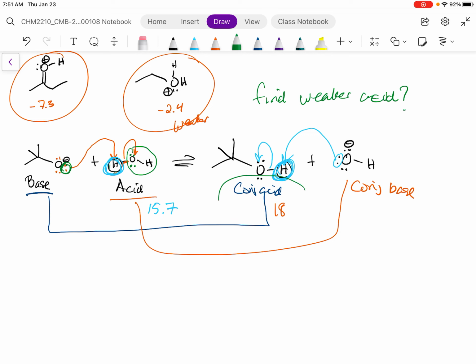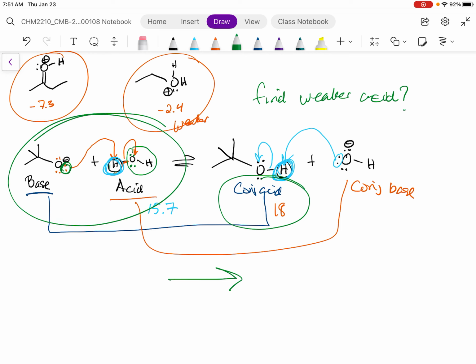On the product side, it's over here. So equilibrium is going to favor the direction of where the weaker acid is found. And the weaker acid in this situation is found on the product side. So when we put these reagents together and dump them in, where's it going to end up? It's going to be favored to the right side, or the product side.